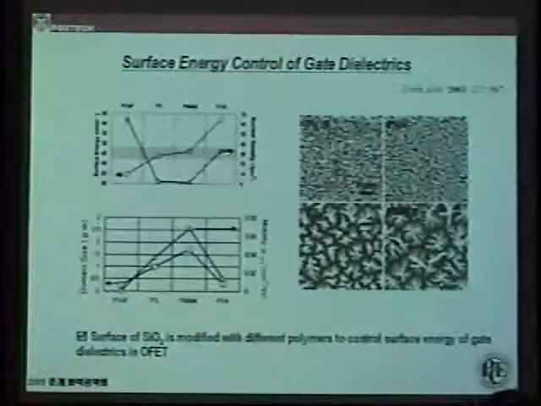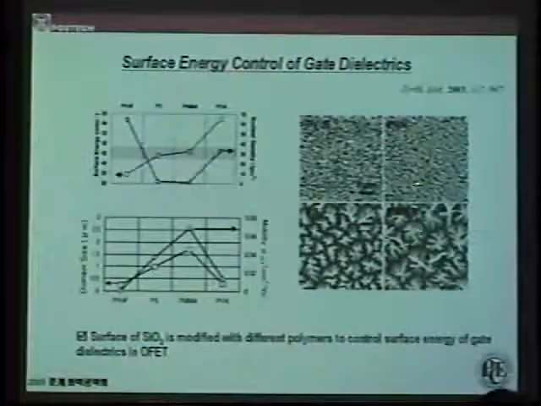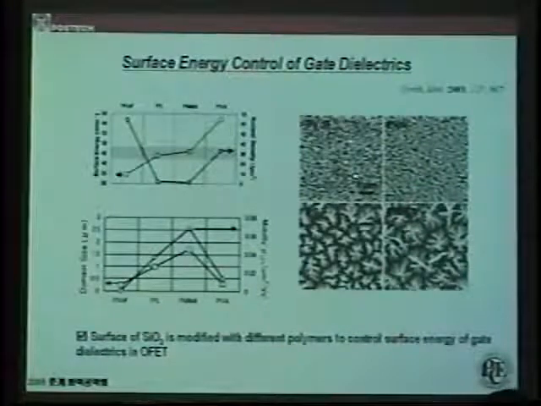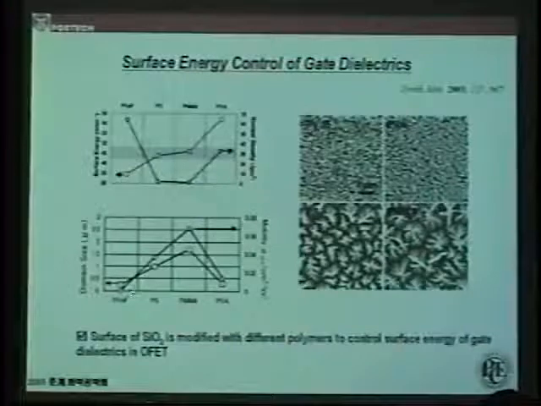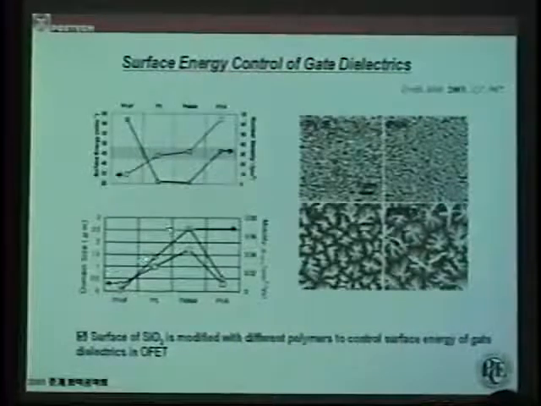So this is a literature survey showing that by increasing the surface energy, the grain size is increasing, and then decreases if you have a higher surface energy. This is the mobility and this is the grain size.